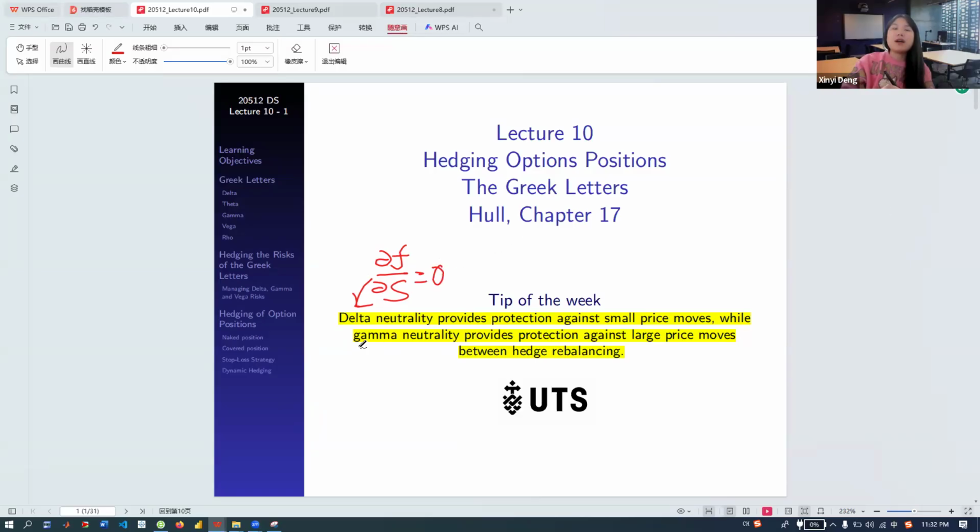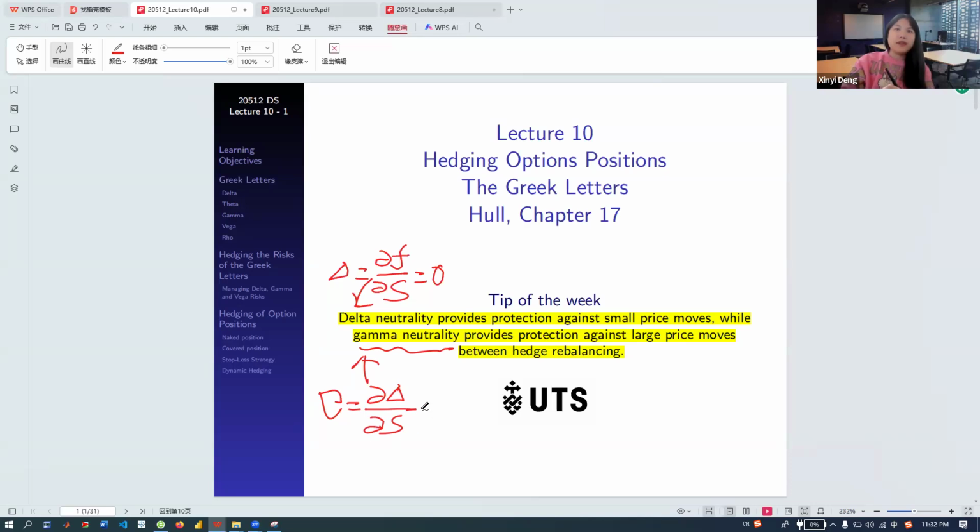Then for gamma neutrality, let me write it as delta is equal to the derivative of F with respect to S. Gamma is the first order derivative of delta with respect to the underlying price again.